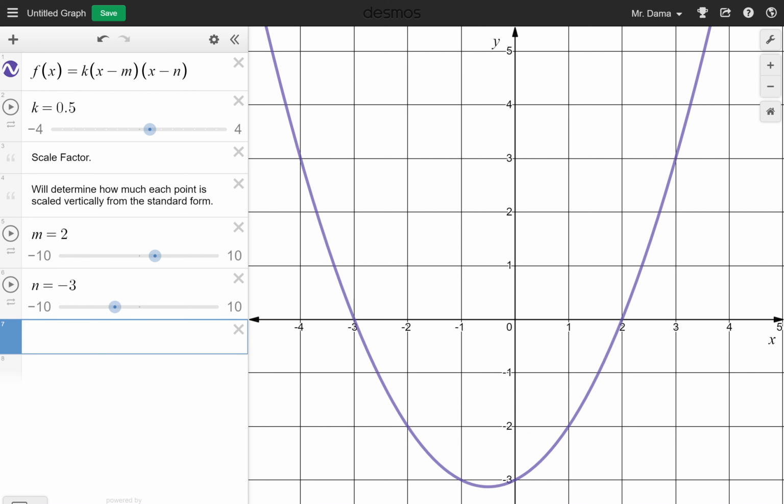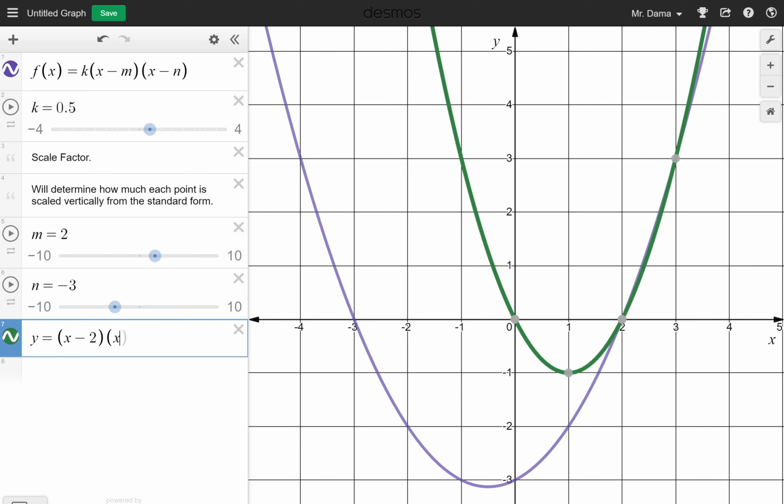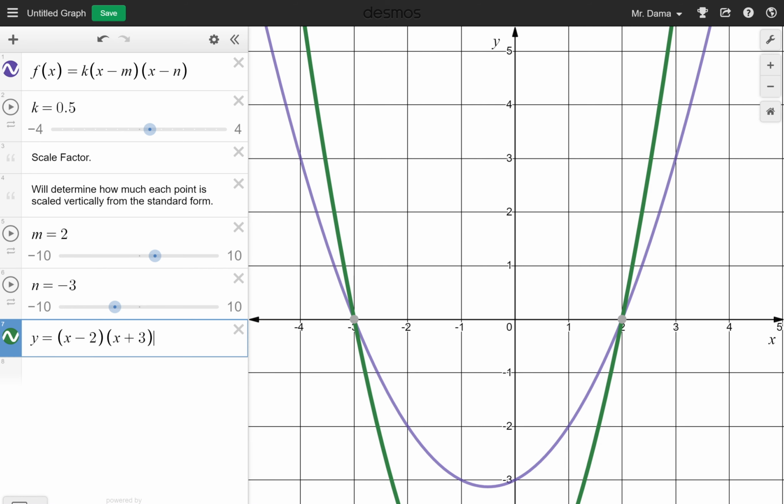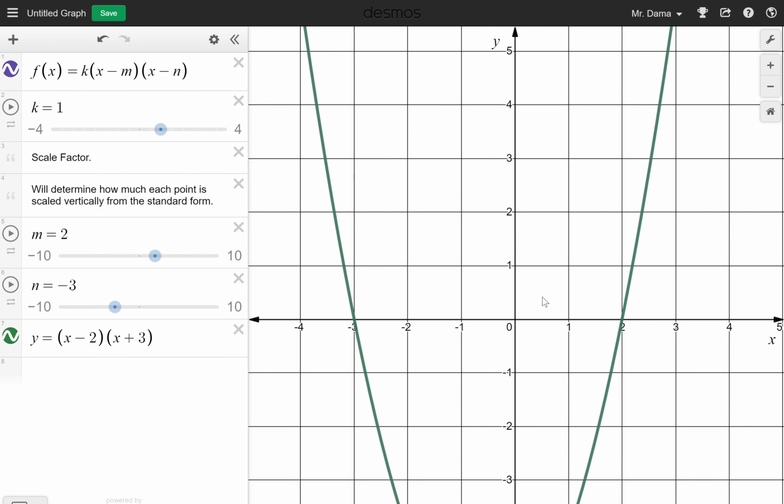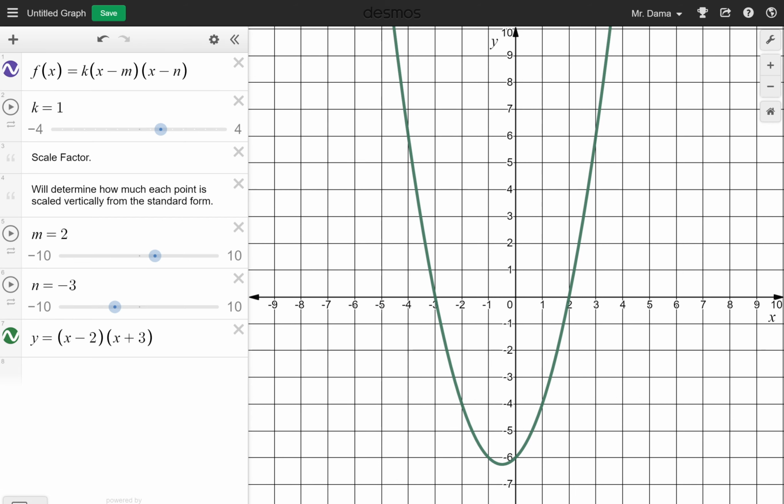And so my equation for this is 1, I don't need to write the 1, (x - 2)(x - -3), so that's the same as (x + 3). Okay, and that is my graph. And that's really it. Parabolas are really interesting. If you know the two roots and you know the scale factor, you can draw them.